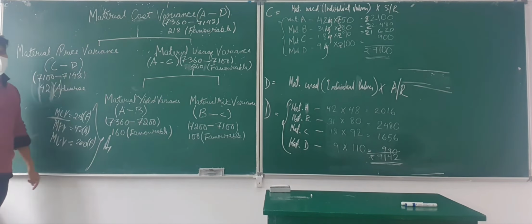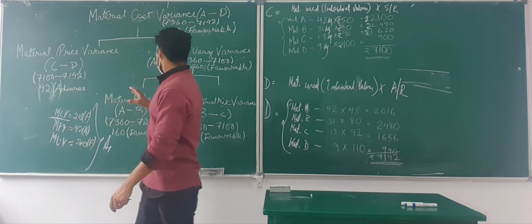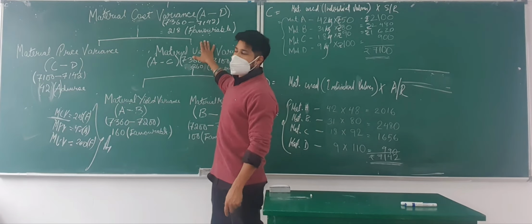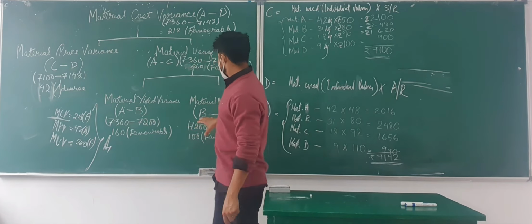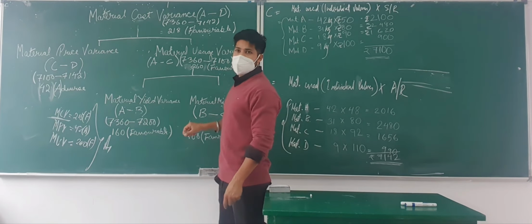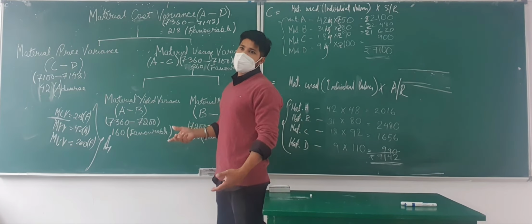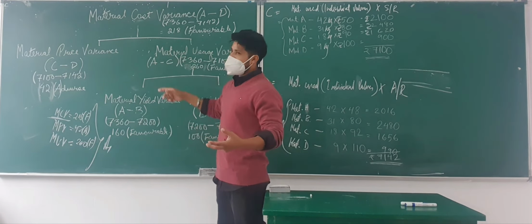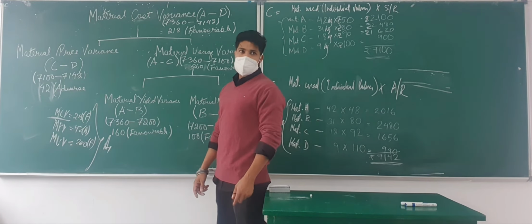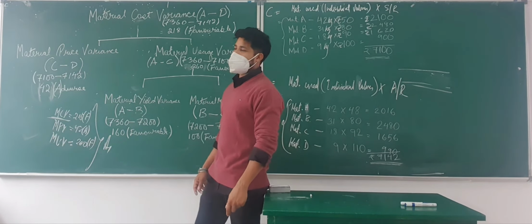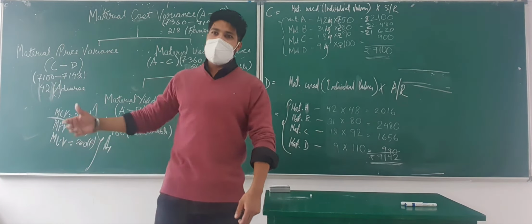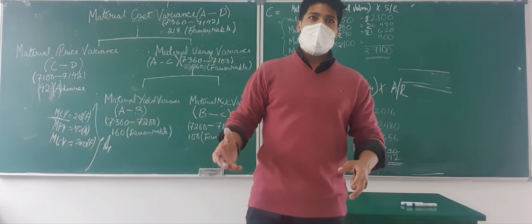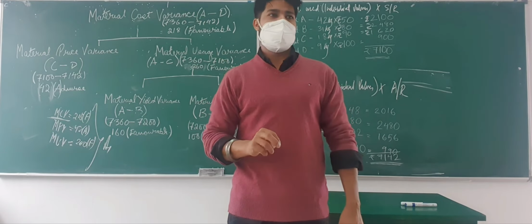Sometimes they will ask you to calculate only material usage variance and material mix variance. Let's say only 2. You'll be confused. Sir never taught us how to calculate only 2. Don't get confused. Calculate, full stop. Last time one student came. Sir, you taught us the whole sum now, but in the question they asked only for 2 material variances.